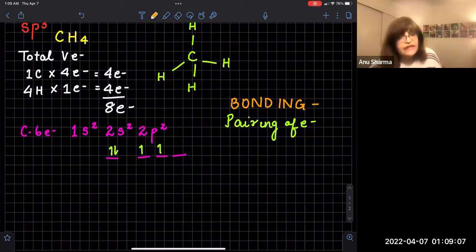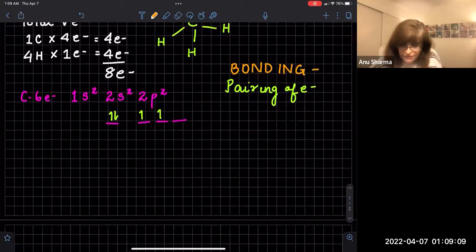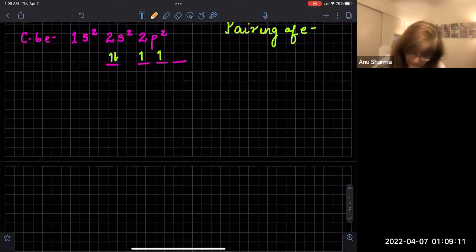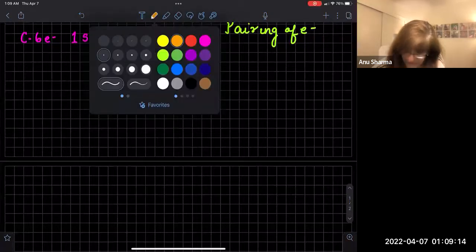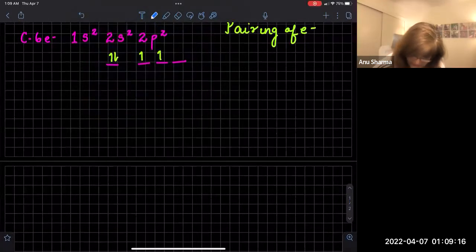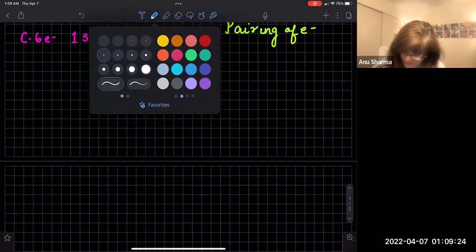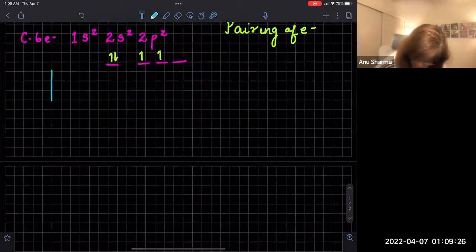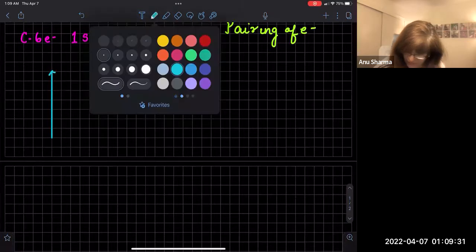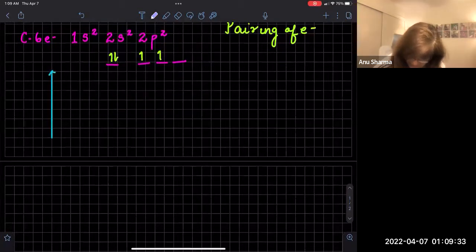So we should see carbon making only 2 bonds, but carbon makes 4 bonds all the time. So what's going on here? Here is the energy diagram, and in this energy diagram, as you see, here is the 2s2 and here is the 2p.